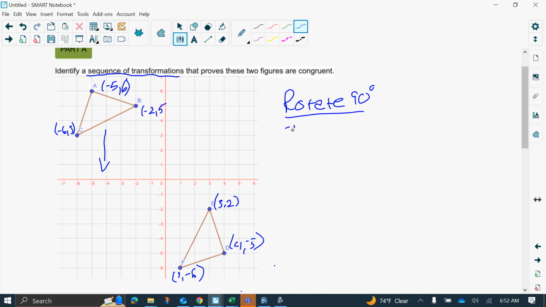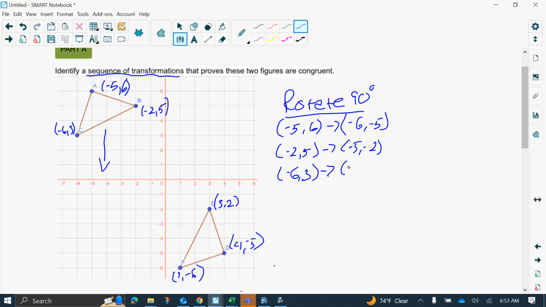And so negative 5, 6 goes to negative 6, negative 5, because (x, y) goes to (negative y, x). And so then negative 2, 5 goes to negative 5, negative 2. And then negative 6, 3 goes to negative 3, negative 6.